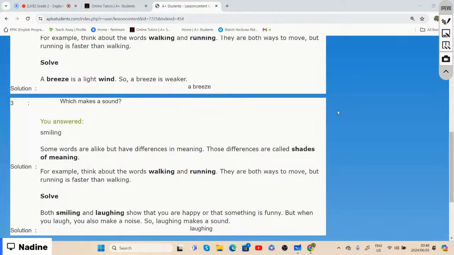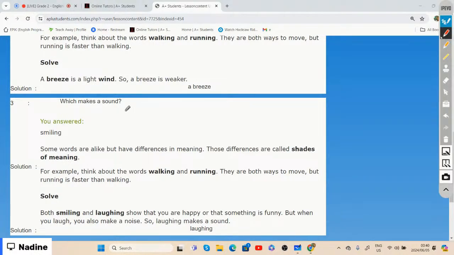All right, and which makes a sound? When I smile, so smiling, does that make a sound? Or laughing makes a sound? Which one makes a sound? If you're smiling, does it make a sound? Or when you laugh, it makes a sound.